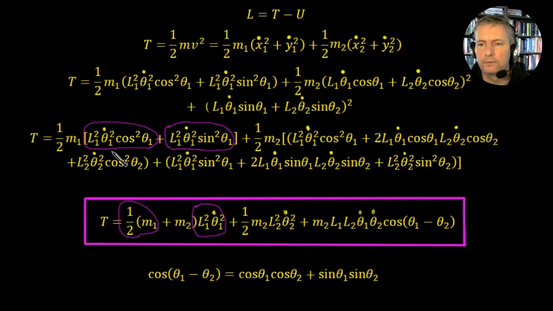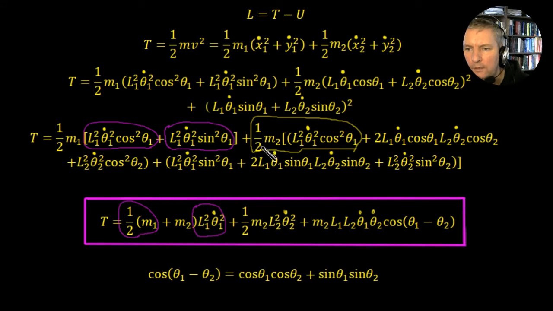Now let's see if we can find some other simplifications. In here we've got our L1 squared theta 1 dot squared cos squared theta 1, so I'll put a colour around this. Now further down we're going to have an L1 squared theta 1 dot squared, so let's see if we can find it. So here it is, we've got L1 squared theta 1 dot squared sine squared theta 1.